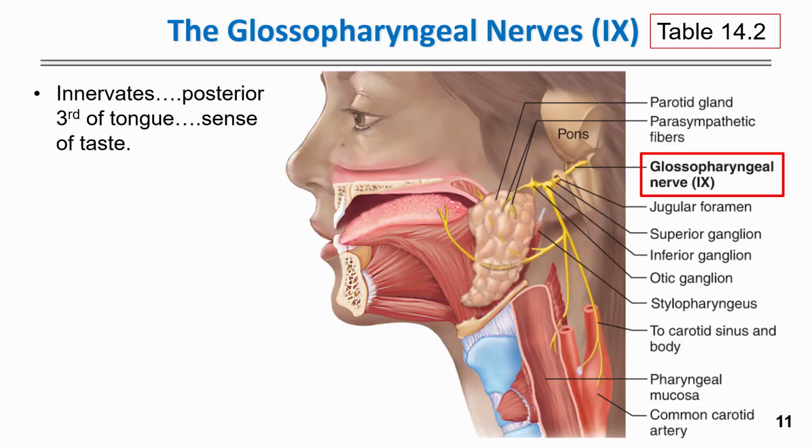The first function here is that it serves as a sensory nerve in providing sensation to the posterior third of the tongue, and that gives rise to the sense of taste, as you can see here in this diagram, how we have the nerve innervating that posterior region of the tongue and will send information towards the central nervous system where these tastes and these chemical compounds can be interpreted.